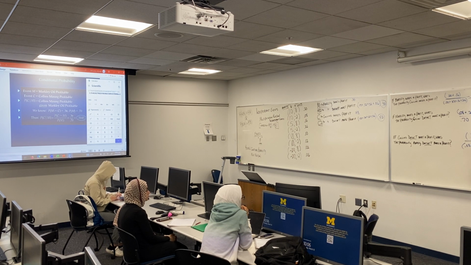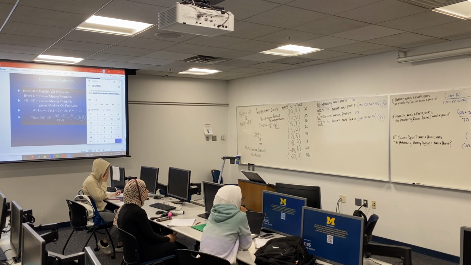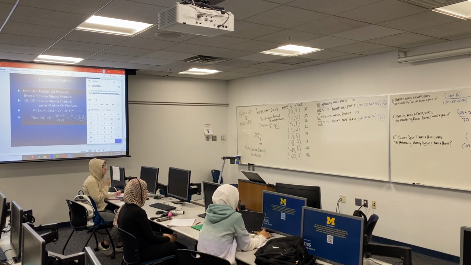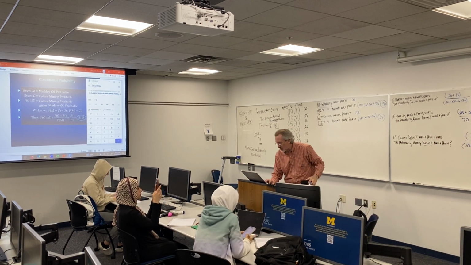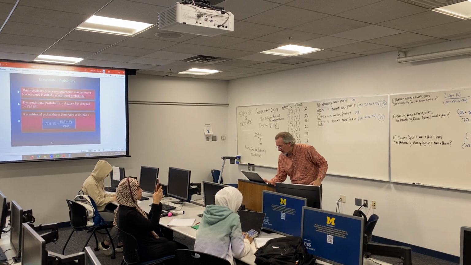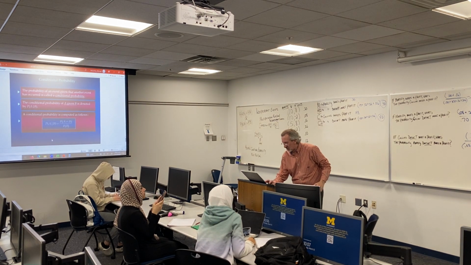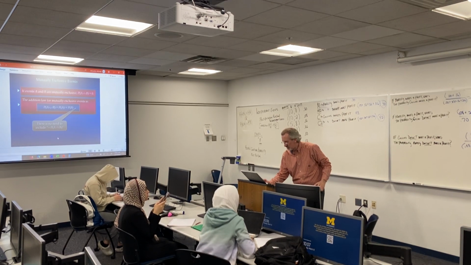The numerator was Markley Oil doesn't make a profit, so that's M2. We just did the conditional probability of M2 over C2. Let me go back to, hang on, let me go right here. The conditional probability, whoops.